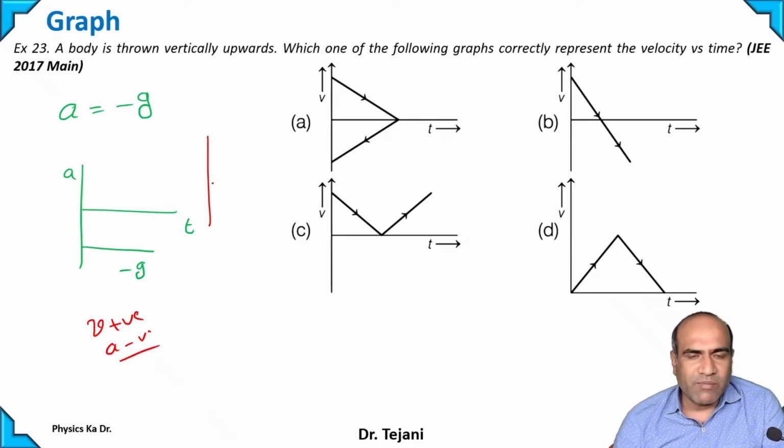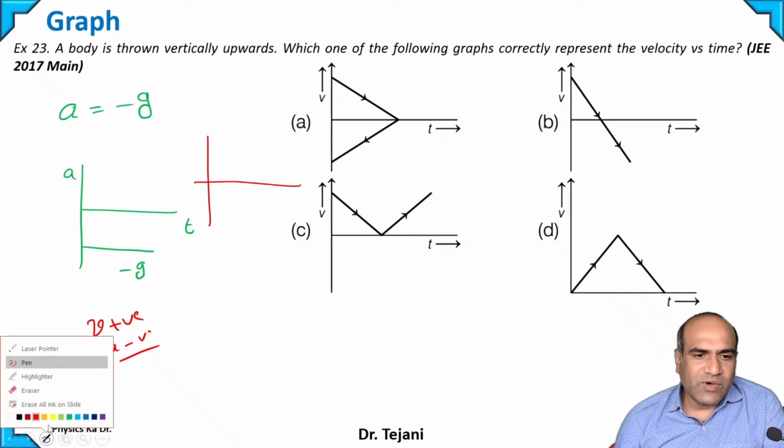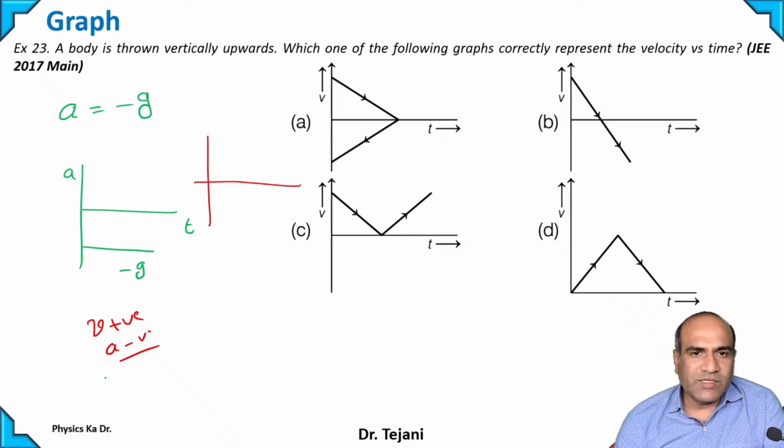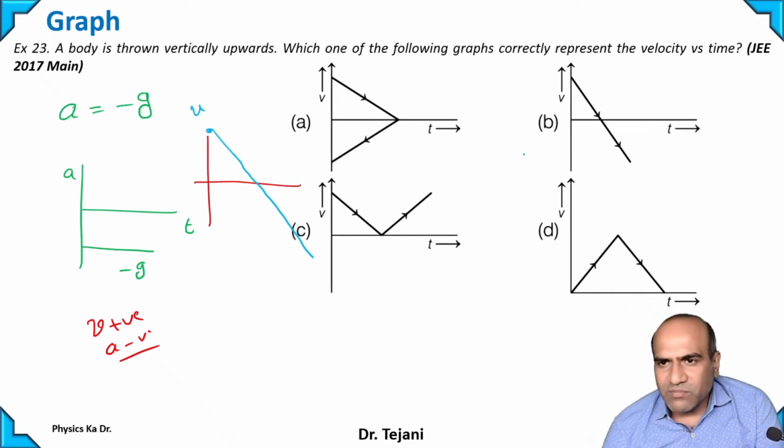So what happened? Velocity is positive. Say for example, this is the initial velocity, positive. And then acceleration is negative, so it reduces in a straight line.